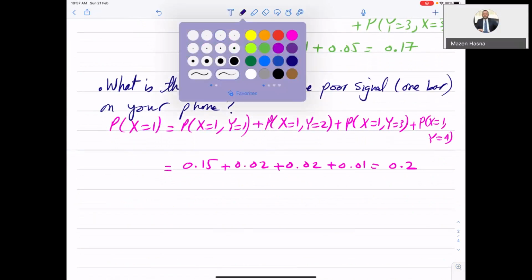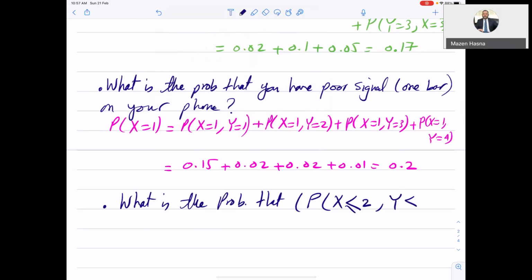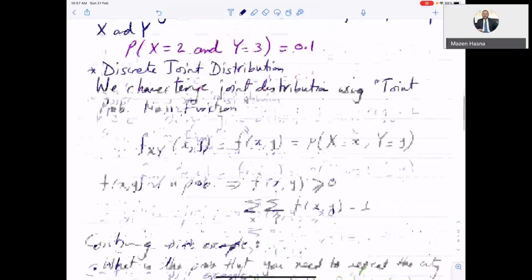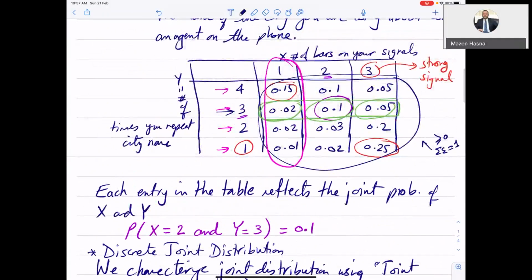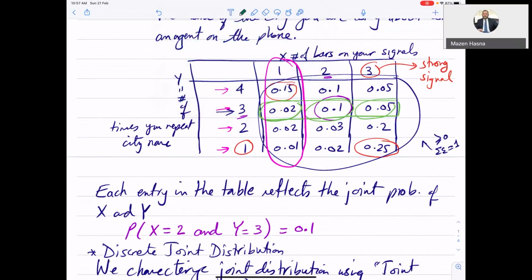Also, you can ask any question. What is the probability that x is less than or equal to 2 and y is less than or equal to 1? X is less than or equal to 2. Let's use a dark green.